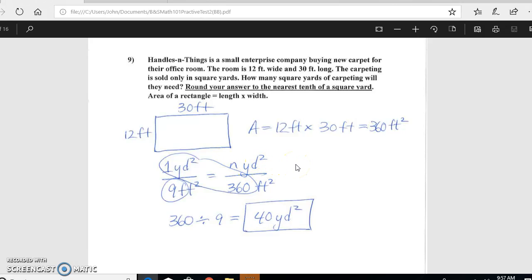And once we get the proportion set up in this way, we look at the two numbers across from one another, 1 and 360, and we multiply those numbers, and then we divide by the leftover number, and we end up with 40 square yards, which is our answer.